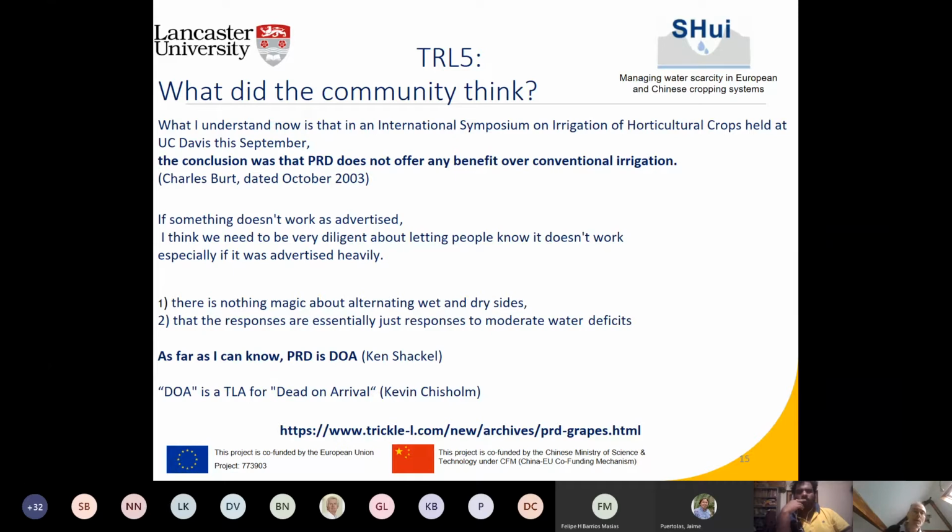And some more comments about this partial root zone drying technique that certainly for me as a scientist was very interesting: that there is nothing magic about alternating the wetting and drying sides, and that the responses are essentially just a response to moderate water deficits.